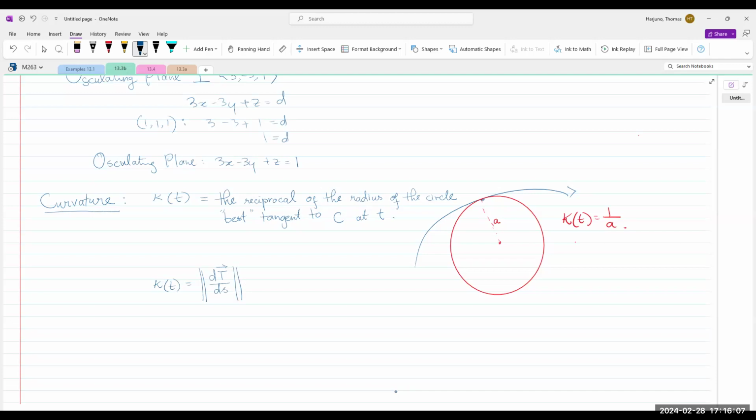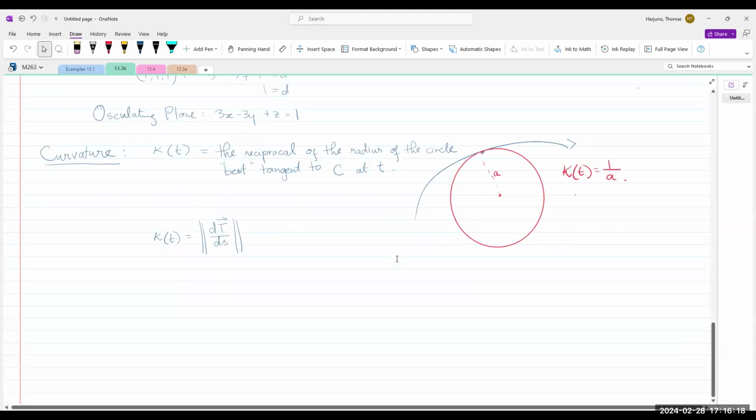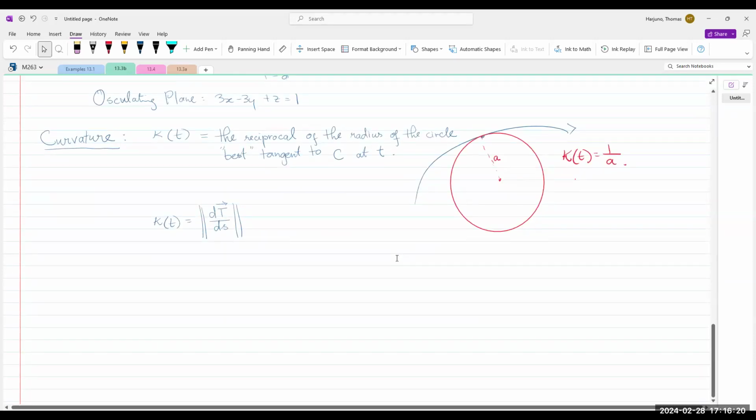Here's the thing: it's so hard to compute this. In other words, this formula is not very applicable. What we are going to do is derive this formula even further to get a formula that we can use.